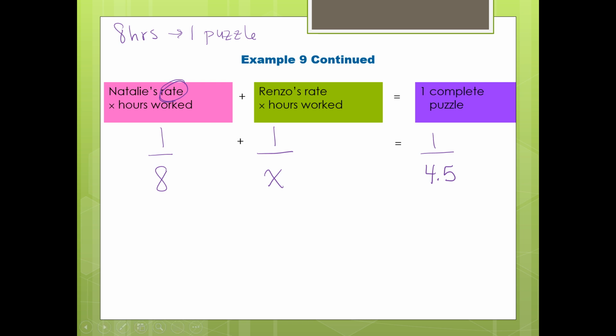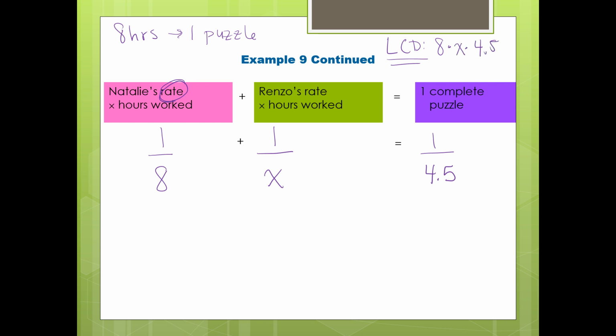Okay, now this just becomes one of the problems that we've just done. We have to look at all of our things down here, and we have to make a common denominator so that we can get rid of it. So in other words, we got an 8, we got an x, and we got a 4.5.